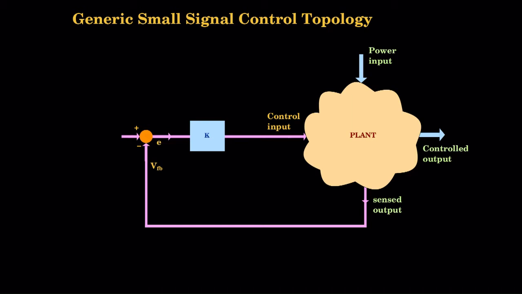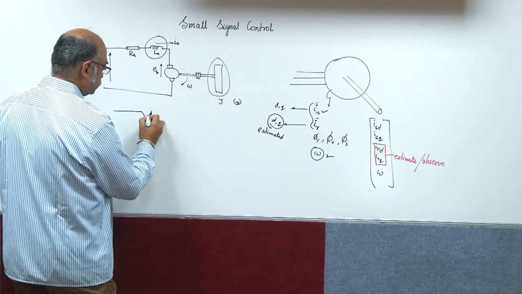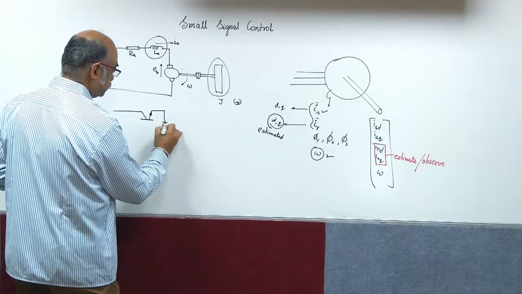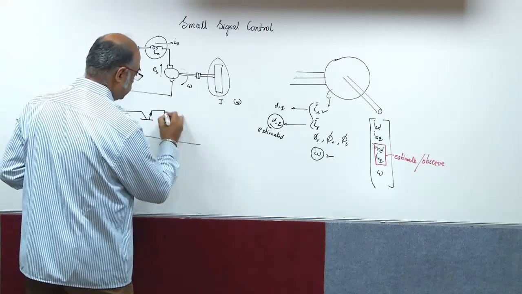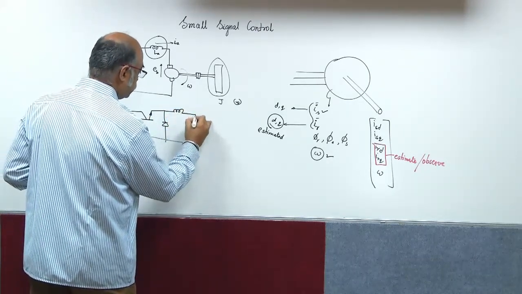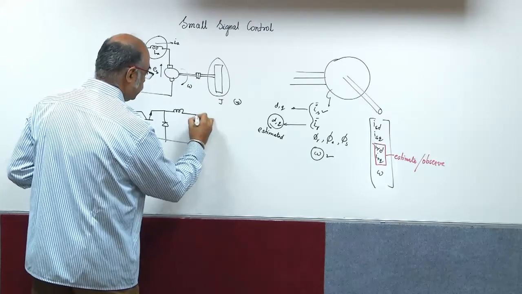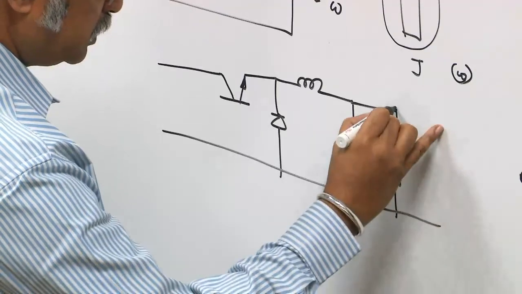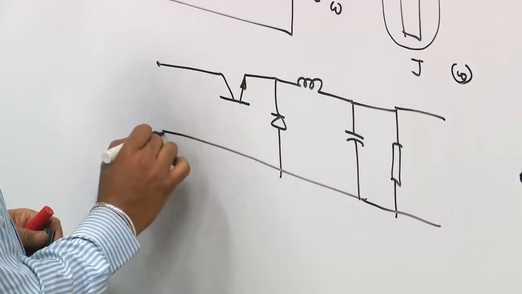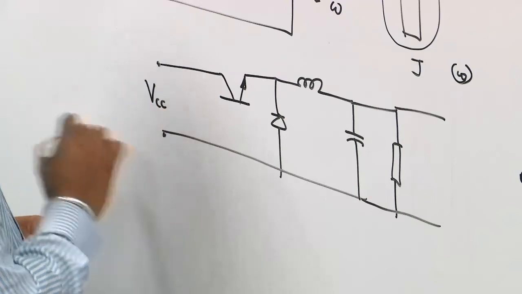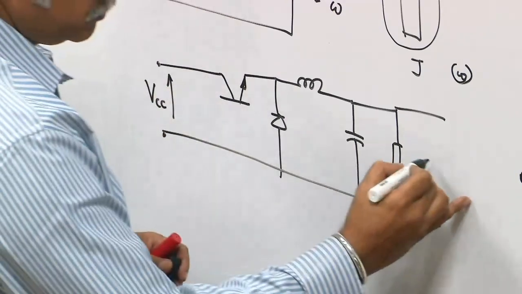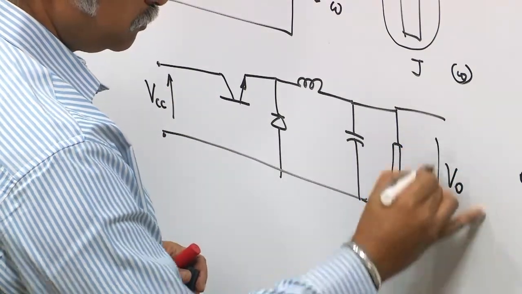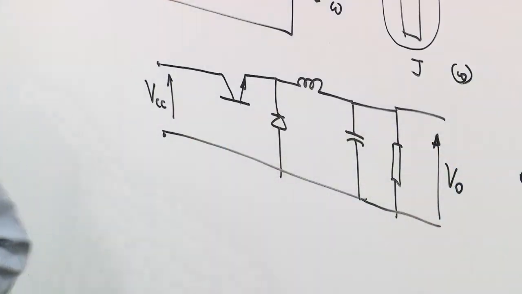So, if I am having for example, something like this, what is this converter? Buck converter. How many states are there?